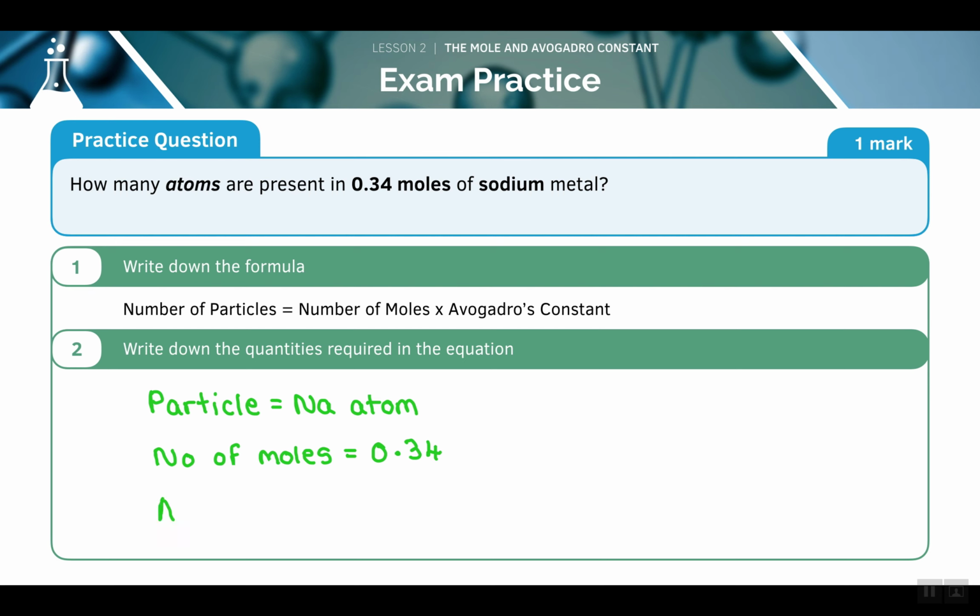We also know the value for the Avogadro's constant. This is 6.02 times 10 to the 23.